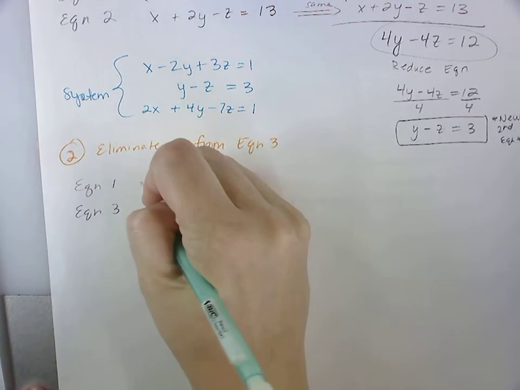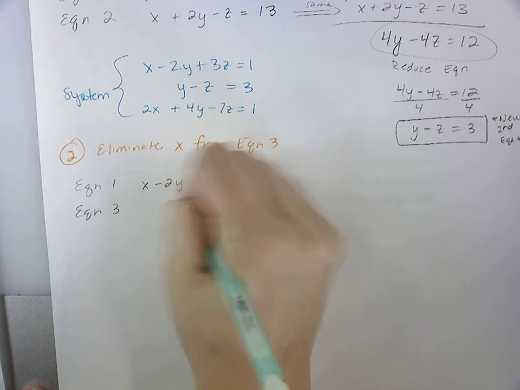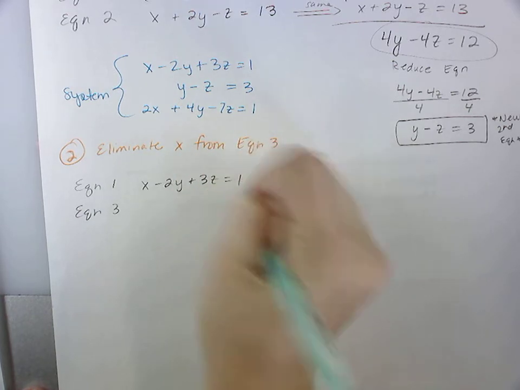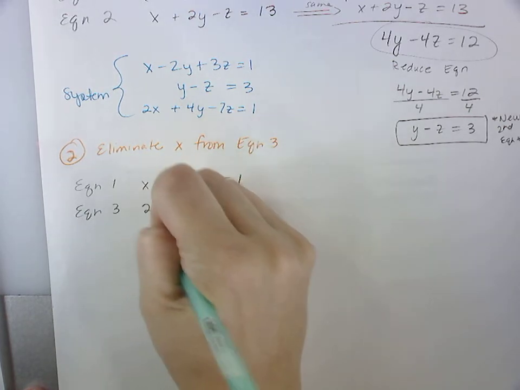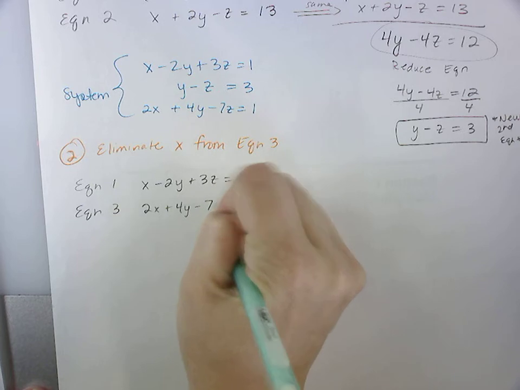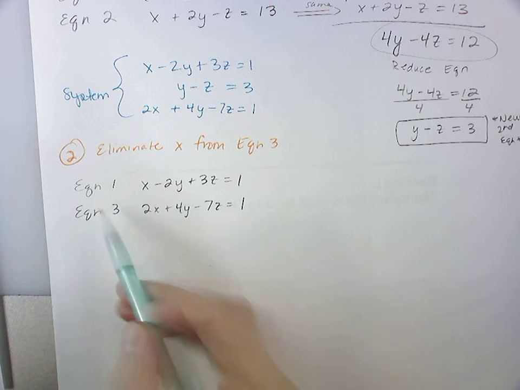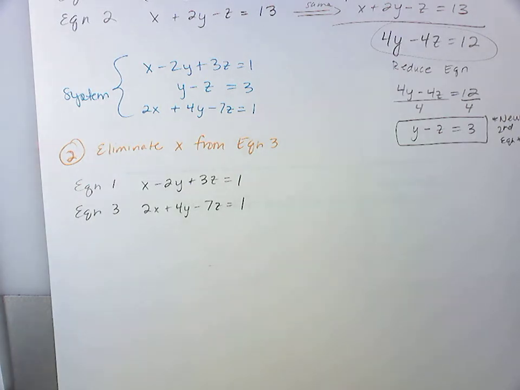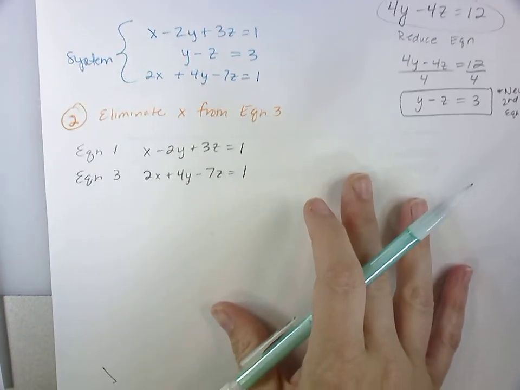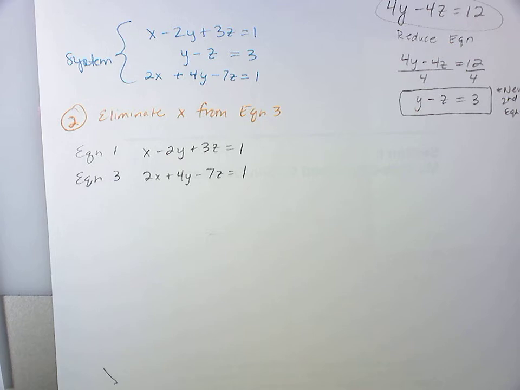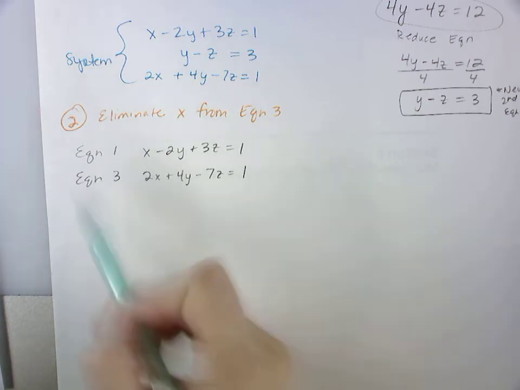If you wanted, you could use equation 2 and 3. Okay, so again, I'm using 1 and 3. If you want to do 2 and 3, you could. You just can't use the same 2 you used in the previous step. Okay, so Adam, if I want to cancel out the x's, what do I have to do?